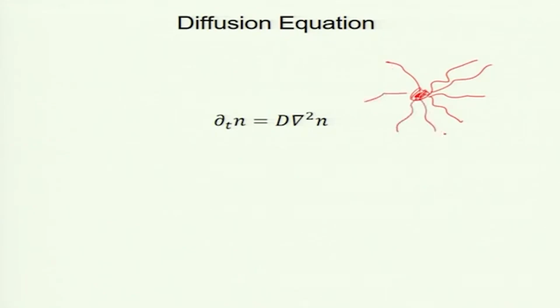Some of course try to come back, but on the whole you will find that these particles will be spread out. In fact, the diffusion equation is a good model for this process, and here the density is changing with time, n is the density of particles. So, this is non-equilibrium.